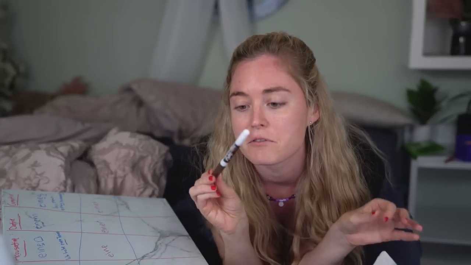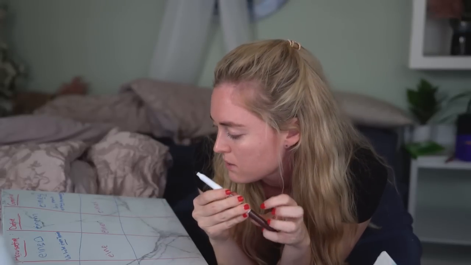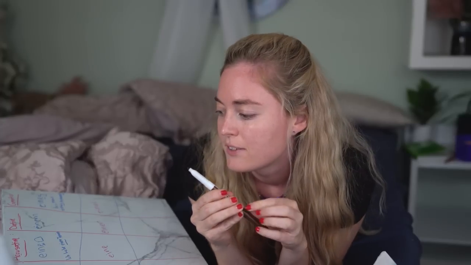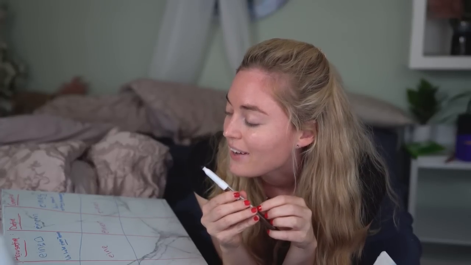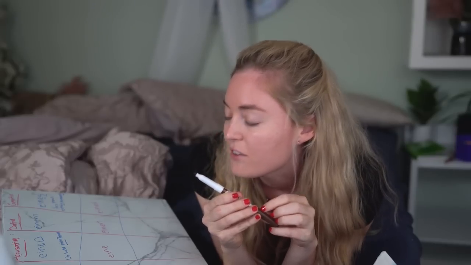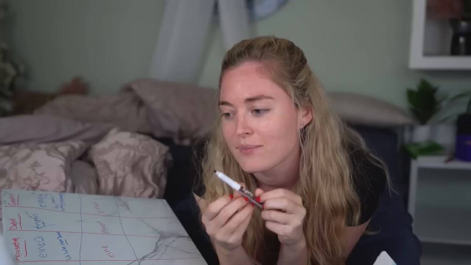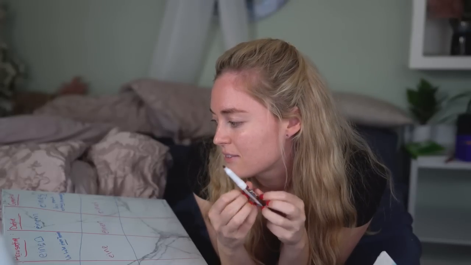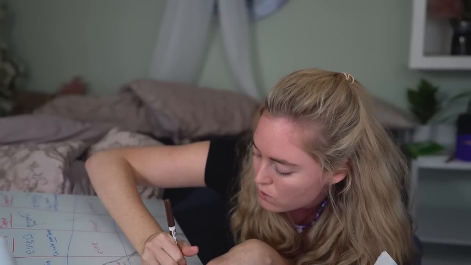Maybe brown? That seems kind of neutral. So far we have 1, 2, 3, 4, 5, 6, 7, 8. We have 8 ways to say a so far. And let's go to neutral.